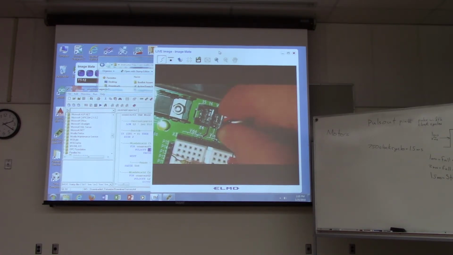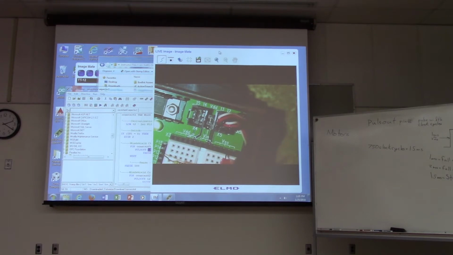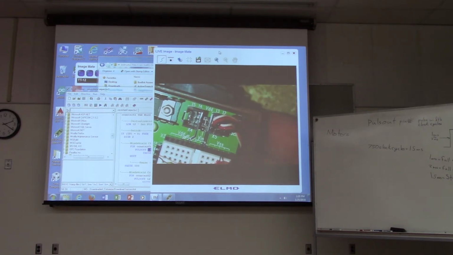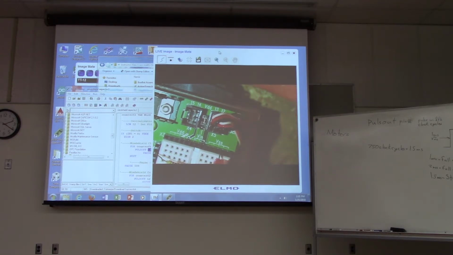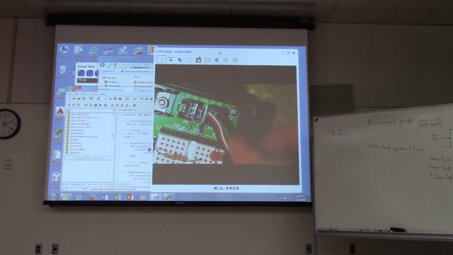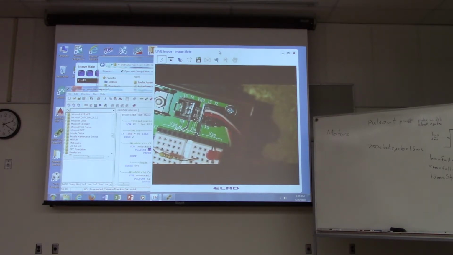Okay, so it looks like I do have a motor plugged into pin 12. You can see that the pin numbers are listed along the top. The one on the far left is 15, then 14, and then 13 and 12. So it looks like I do have my motors plugged into the correct places.